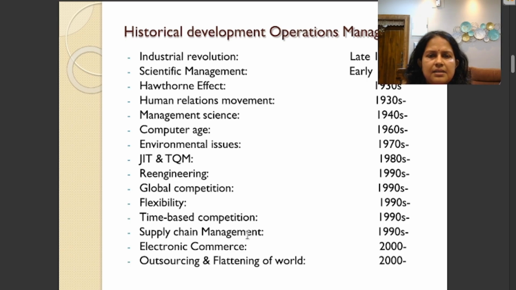It tells us that it started in the late 1700s, then just-in-time and total quality management in the 1980s, then re-engineering in 1990, supply chain management in the 1990s, and now outsourcing and the flattening of the world in 2000. So this is the total revolutionary chart, we can say, for an idea of how the operations management revolution has occurred.